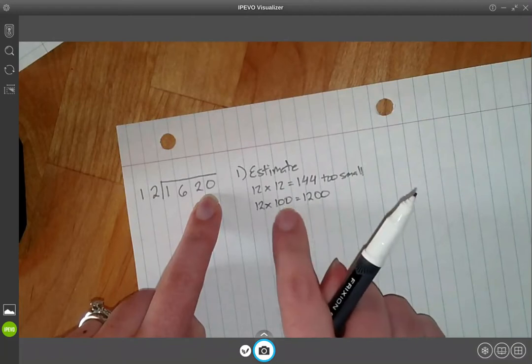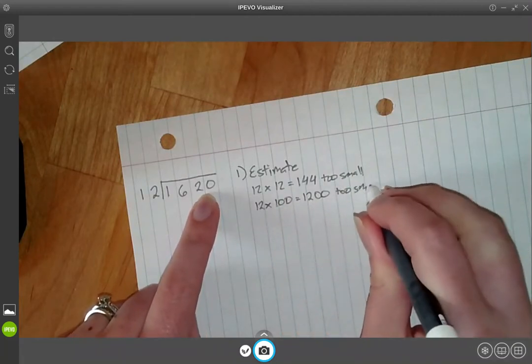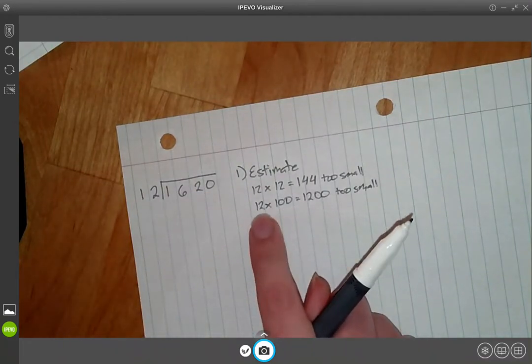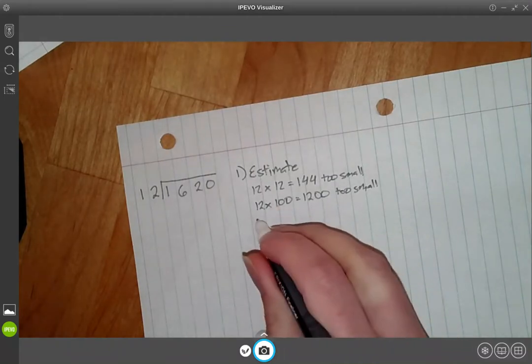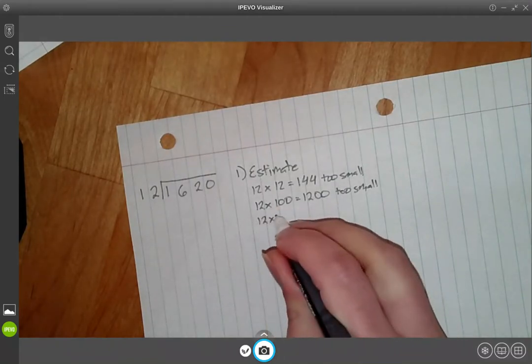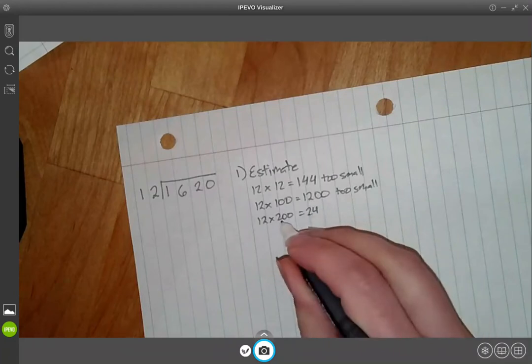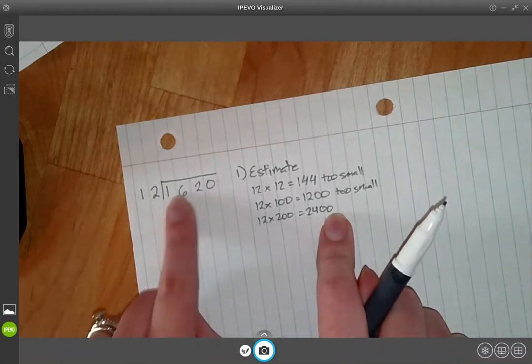So 100 is still too small. So what about 200? 12 times 200. Well, 12 times 200 would be like 12 times 2, which would be 24, and then 2 zeros. 2,400. Oh, that's too big.